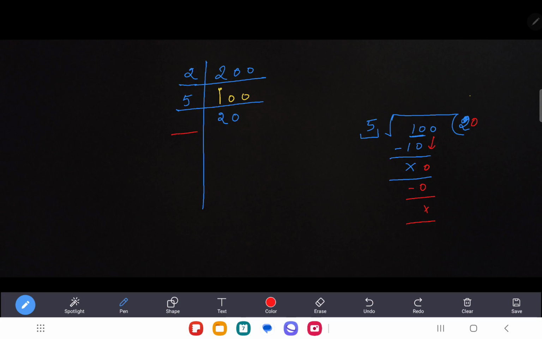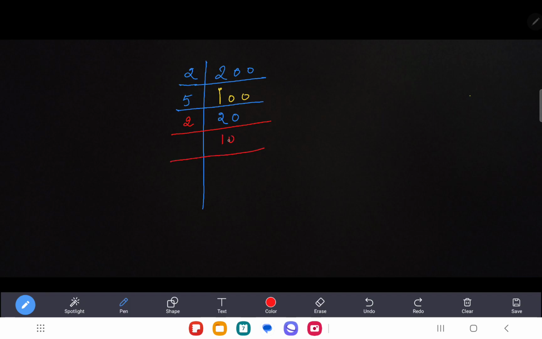Now again think of a number which can divide 20. Did you understand what steps you are supposed to follow, Adam? Think of the smallest number that can divide the number. 2. So 2 times what? 10.